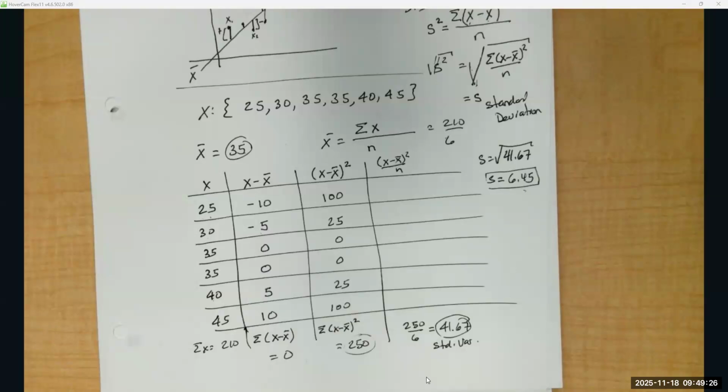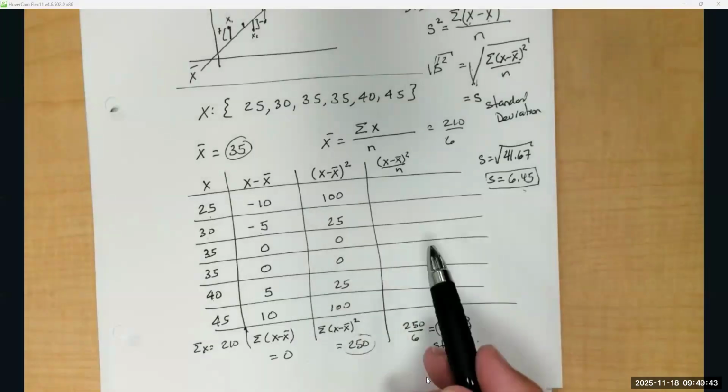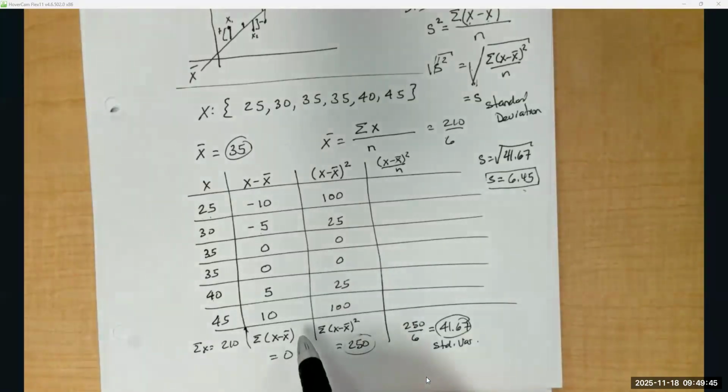The average is average. You can't mess with the average. You just add up the numbers and you have it. What it does tell us is how far.